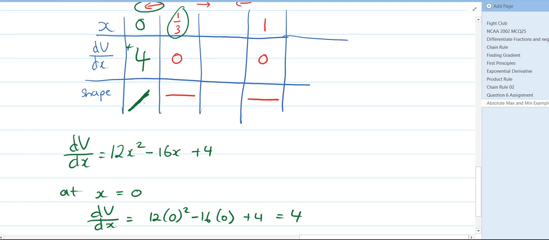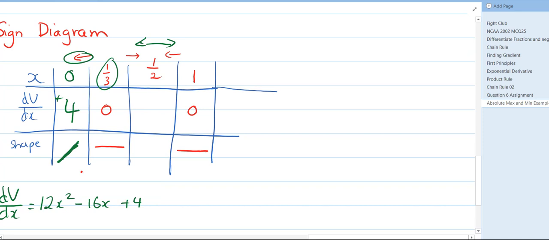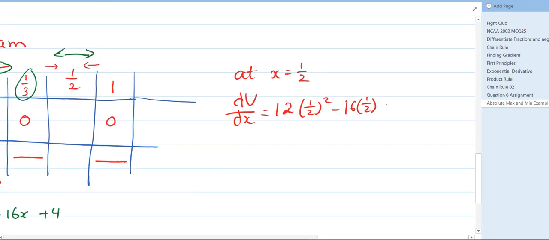Okay. Same thing with the next one. Between 1/3 and 1, I want to pick a number that's between 1/3 and 1. And in my case, I'll go with half, because it's always easier to work with number 2's, okay? So half. So let's think about it. At x equals half, what would dv dx equal to? Well, it would just be 12 times half squared minus 16 times half plus 4.